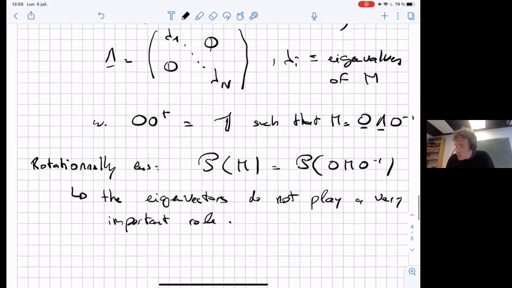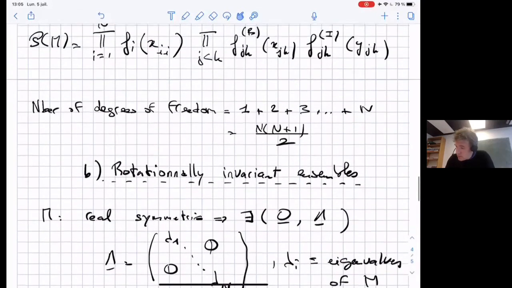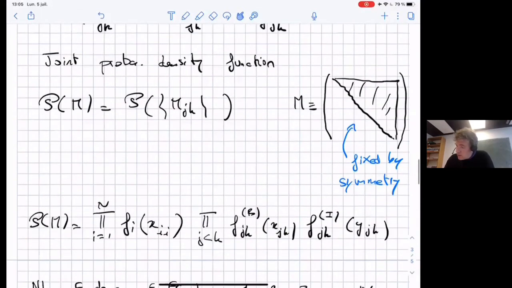Okay, so I've seen one question. What I mean by symmetry is relatively simple. If I look at my matrix M, suppose it's real. Let's look at the real case, so real symmetric. That means that Mij has to be equal to Mji for i different from j.